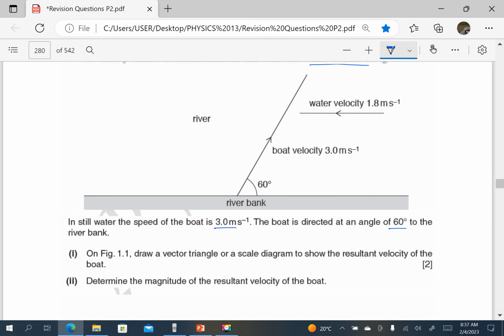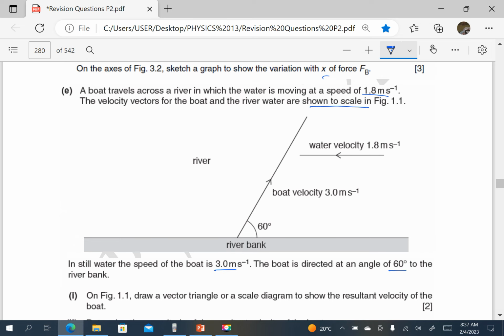Since this is drawn to scale, I can just use the scale. I'll transfer the water velocity vector to the top of the boat velocity. Let me see the length representing the water velocity. Using a ruler, I'm measuring the line of water velocity. That is 4.12, so that is 4.2. I'll draw a horizontal line here of 4.2 centimeters.